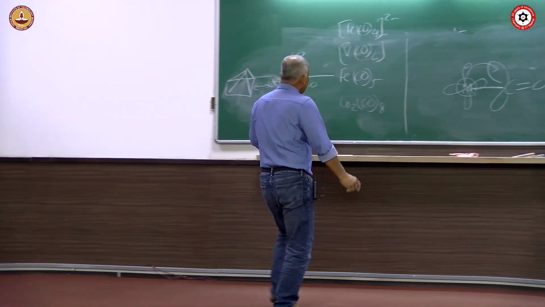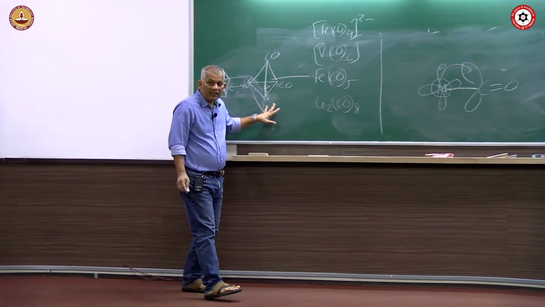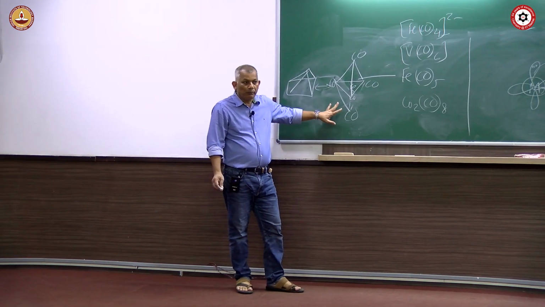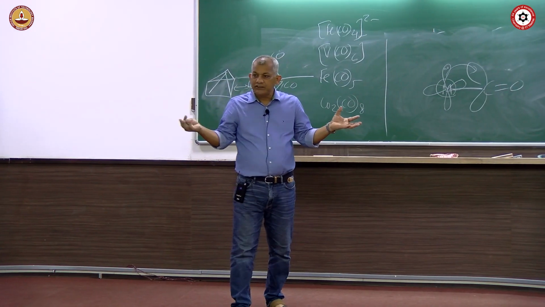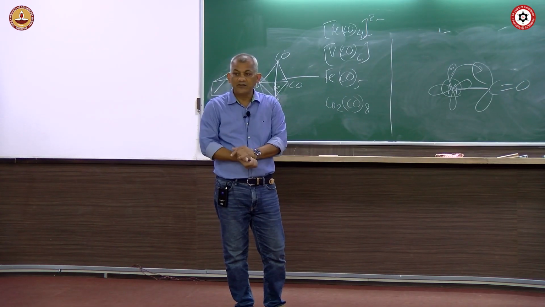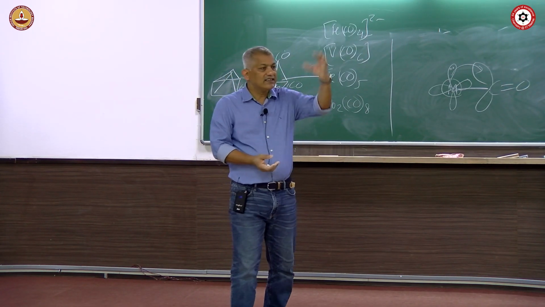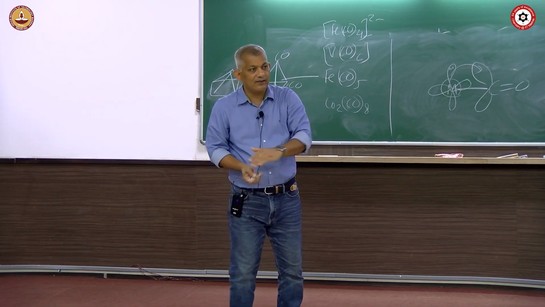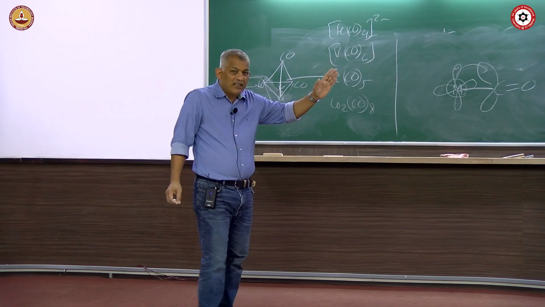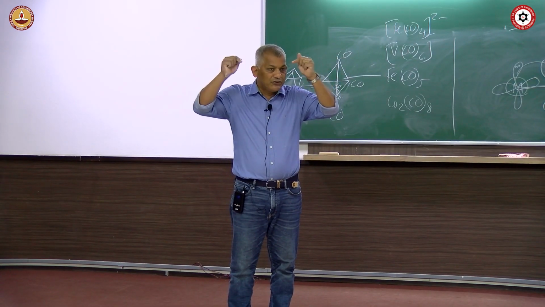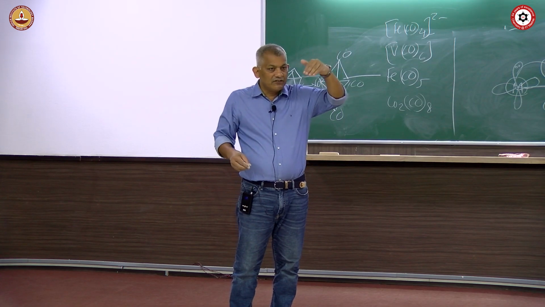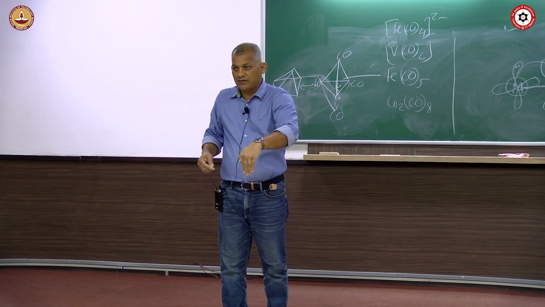Now if you have one metal, two metals, or three metals coordinated with the CO, there will be more back bonding to the CO, and that's why the CO frequency goes further down. So you have a terminal CO, a bridging CO, a mu3 CO, and the CO stretching frequency goes down, down, down like this.